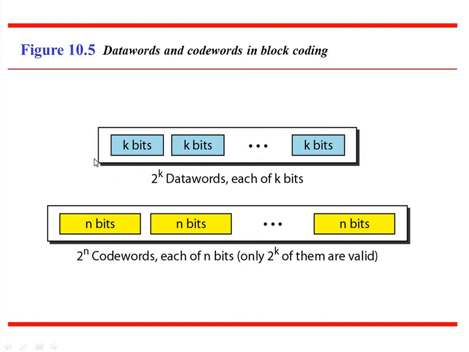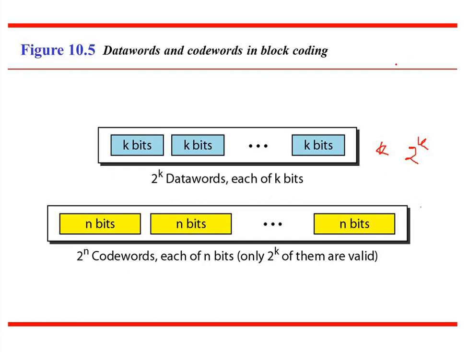So if k bits of data are there, then that will generate 2 raised to k. Obviously, if k bits are there, then the generated data words are 2 raised to k. So if the information consists of 4 bits, then you can generate 16 data words, and to that, if I add 1 bit as an extra bit, that is a redundant bit.